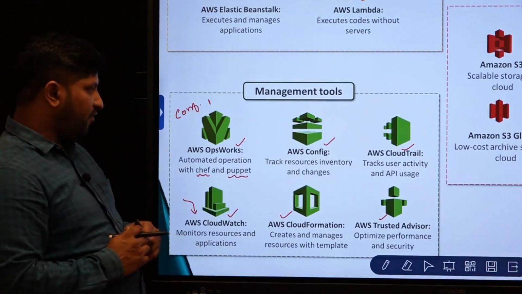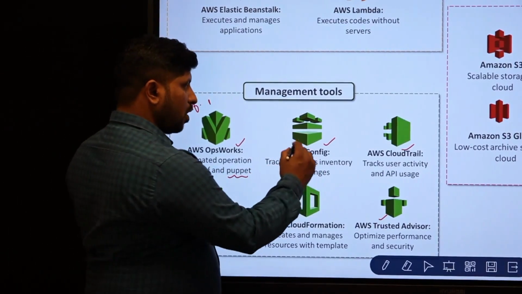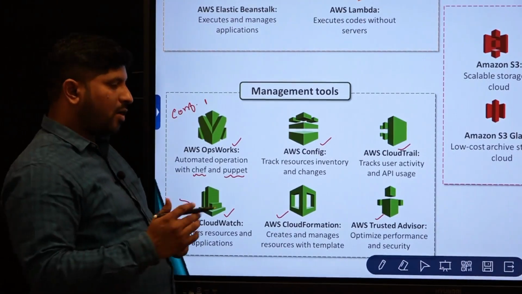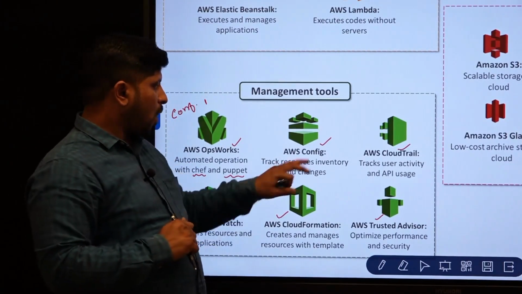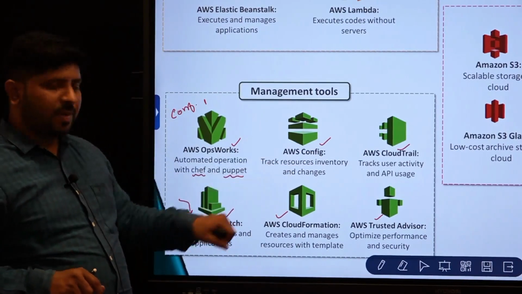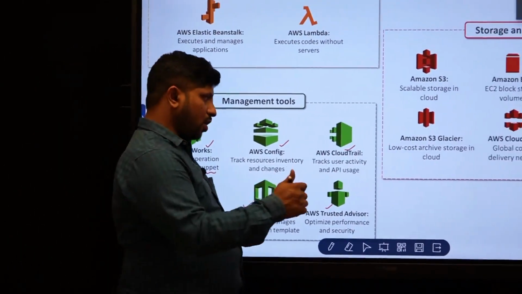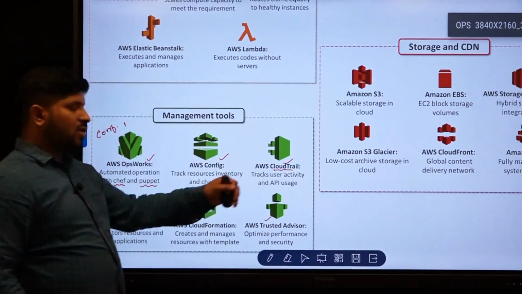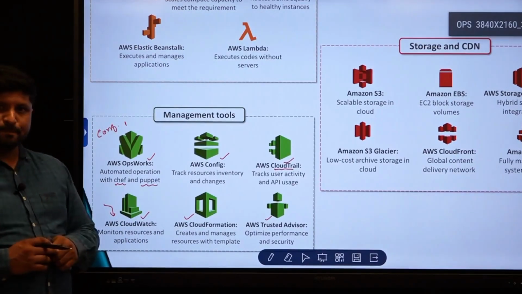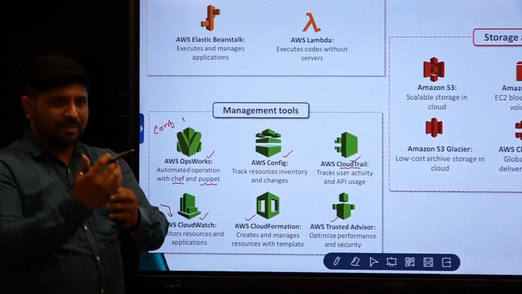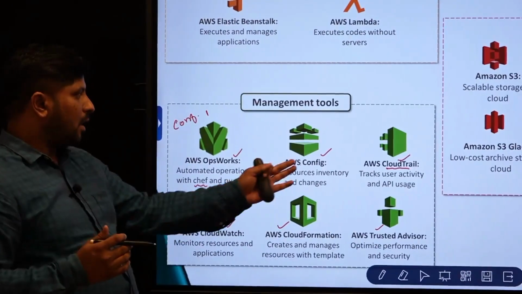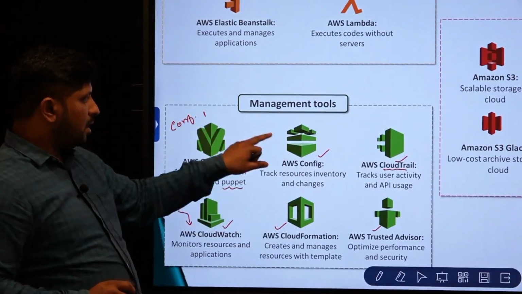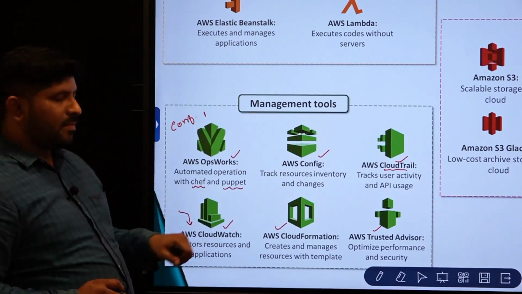Coming to AWS Config, it tracks what sort of resources you have been using from past history and what sort of changes you are making. All those logs are going to be managed by AWS Config if you are accessing this particular service. CloudTrail tracks all the user activities and how those APIs are being accessed in the form of logs, as all these are services falling under management.